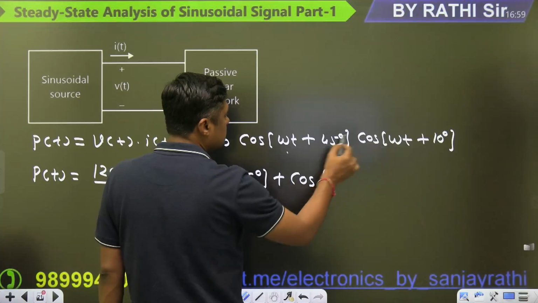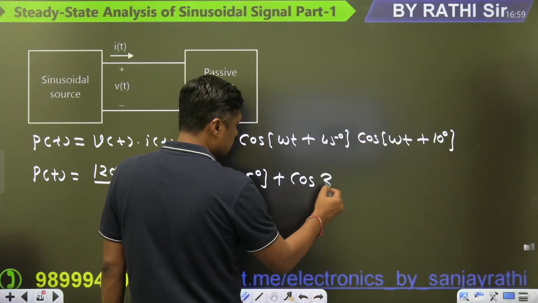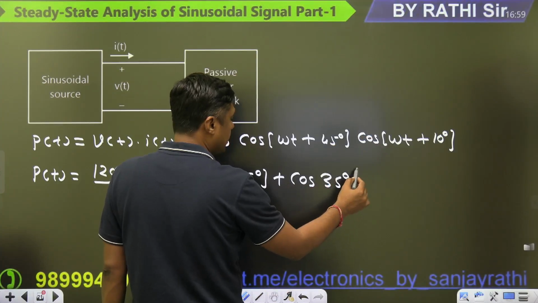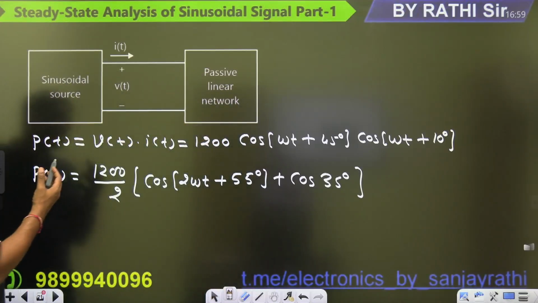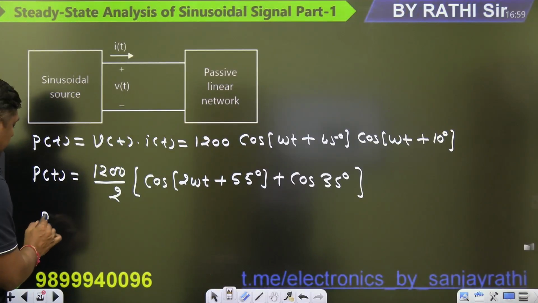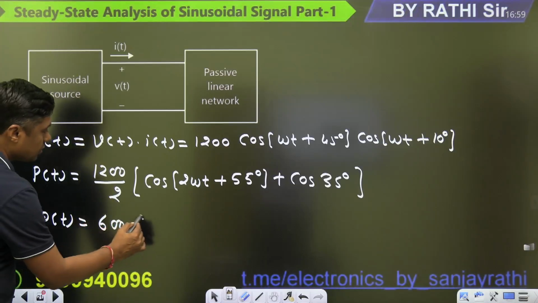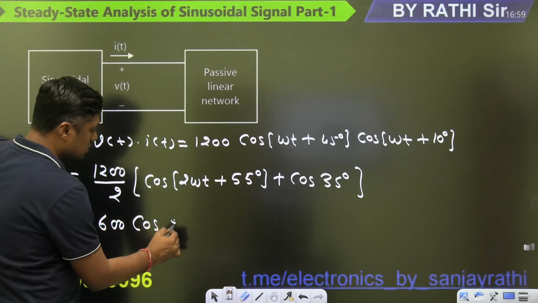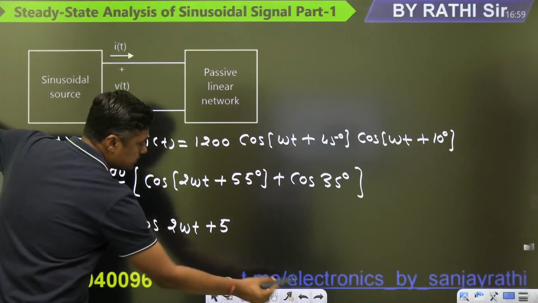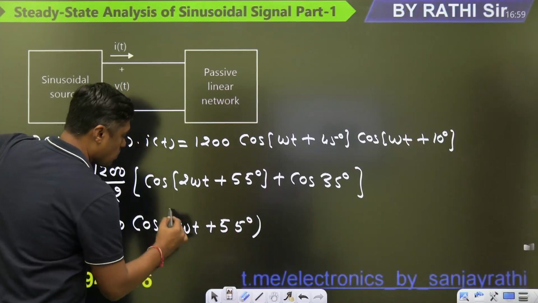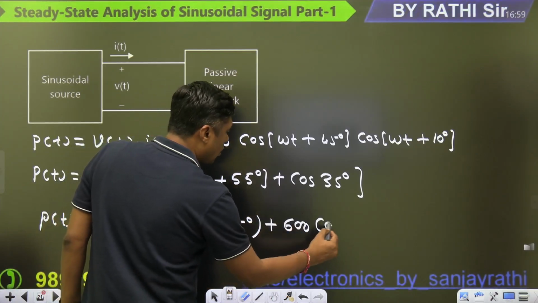Omega t cancels. 45 minus 10 becomes 35. Now this is the instantaneous power, guys. So what is the instantaneous power? It has two terms: 600 cos of (2 omega t plus 55) plus 600 cos of 35.